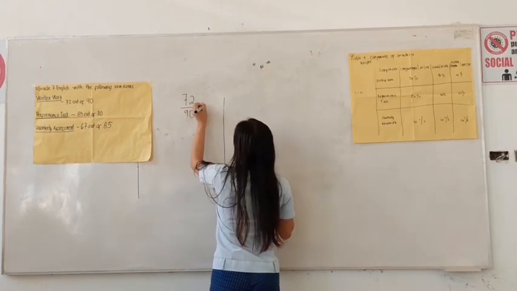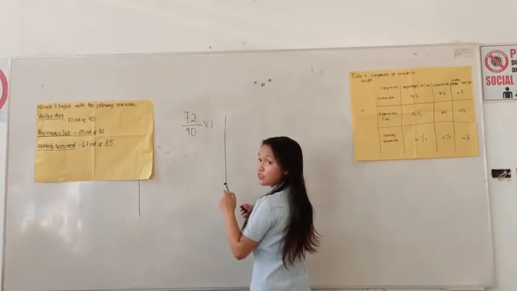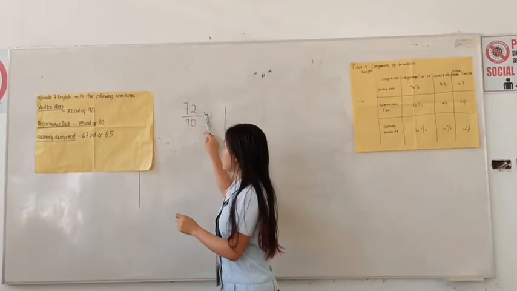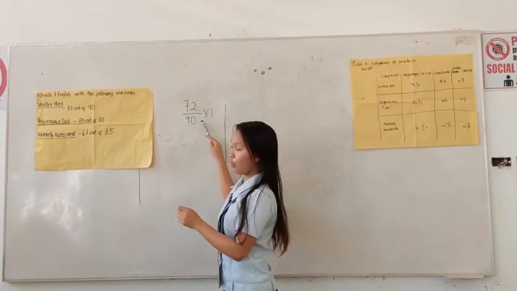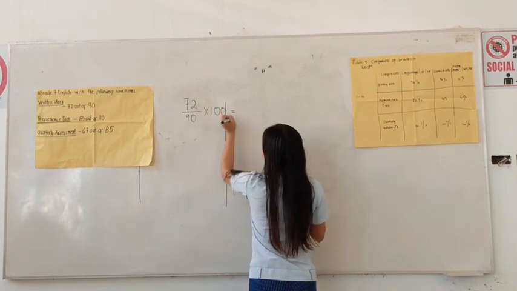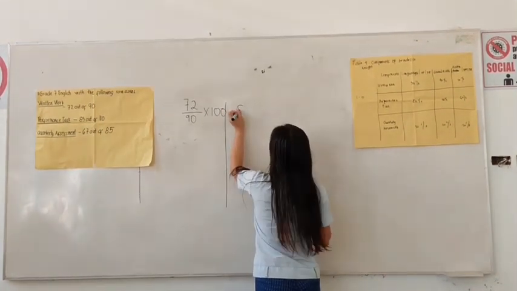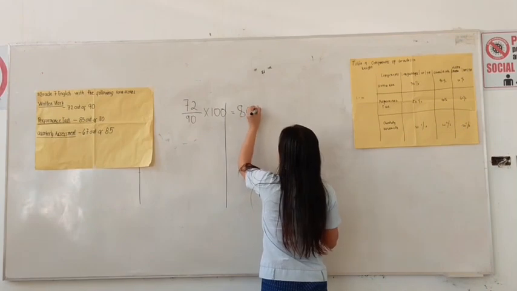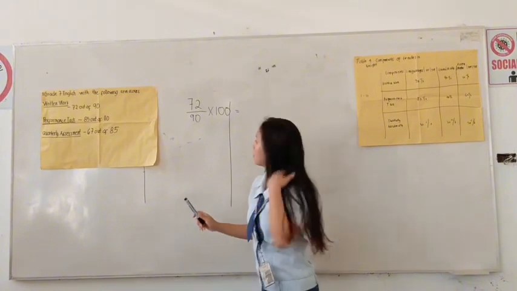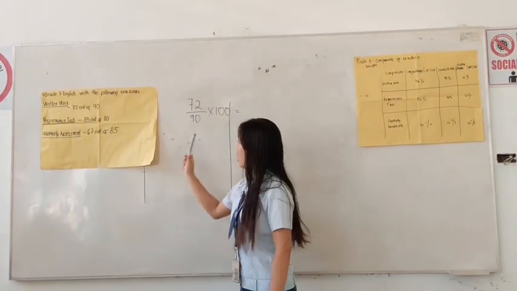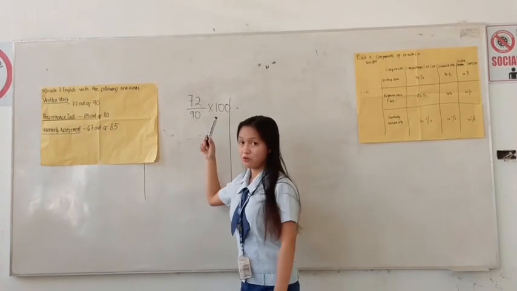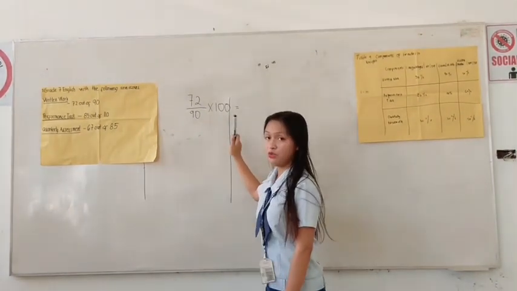We have to divide the raw score of students over the highest possible score and multiply it by 100.